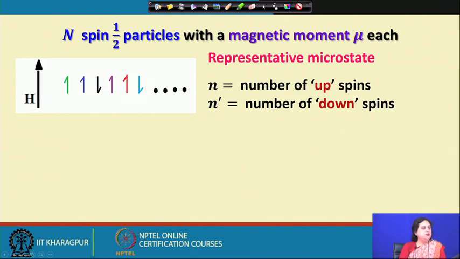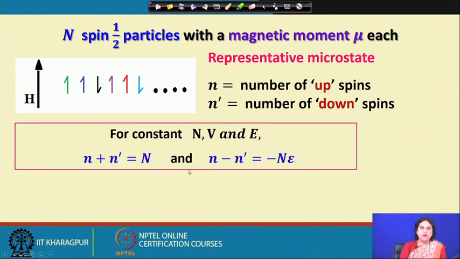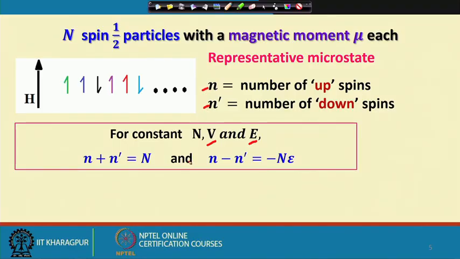So, let us not bother about what exactly the values of n and n prime are, but instead we will see that there are 2 constraints on this system. If I hold the total number of particles constant, in a constant volume V, and if the total energy of the system is fixed, then there are 2 equations that must be satisfied by the numbers n and n prime.